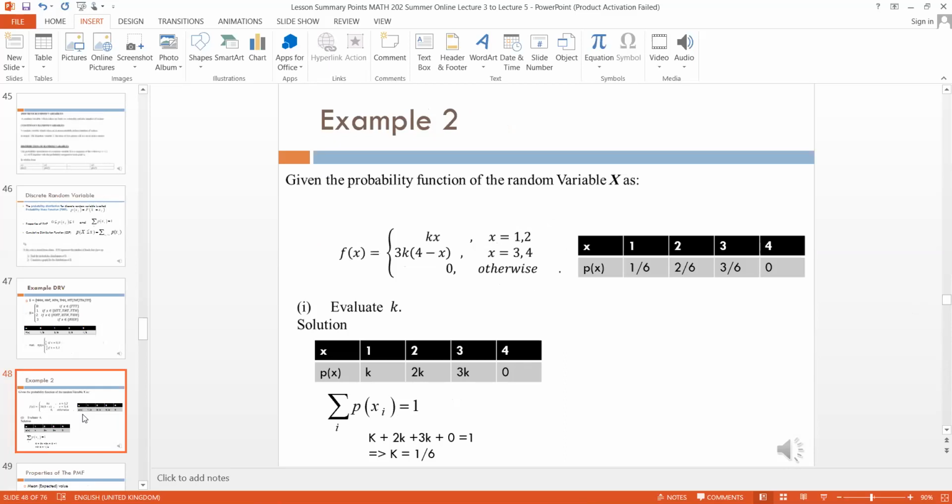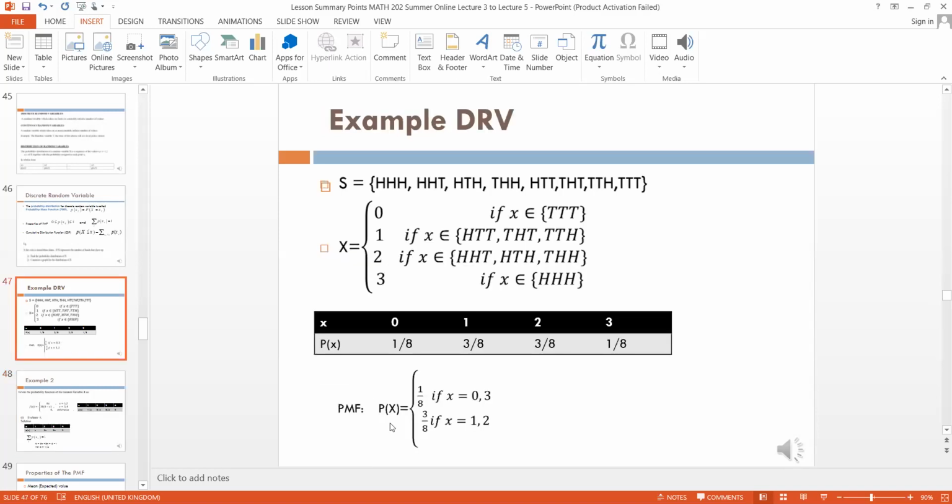So based on what we've just looked at, it means that we can also write the probability function. Let me go back a bit. We've written P of x is equal to that.